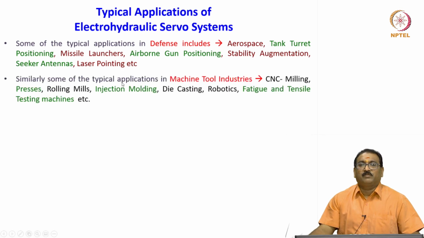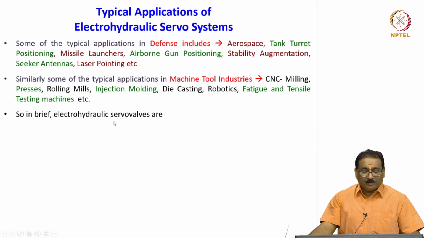Similarly, some of the typical applications in the machine tool industry are CNC milling, presses, rolling mills, injection molding, die casting, robotics, fatigue and tensile testing machines, and many more.